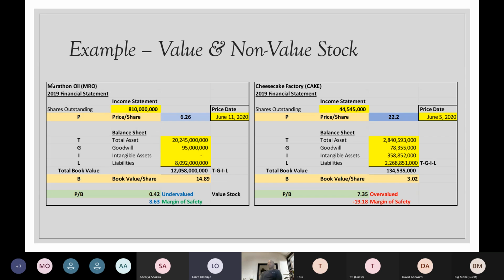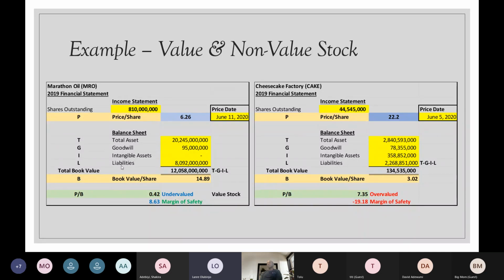If we look at Marathon Oil specifically on that date, its number of shares outstanding, which is shown in the income statement of the company, is 810 million shares. Its price per share, which is also shown in the income statement, is $6.26 per share. So the first thing you look for is the current price of that share, $6.26 in this case, and how many shares it has outstanding, in this case 810 million.